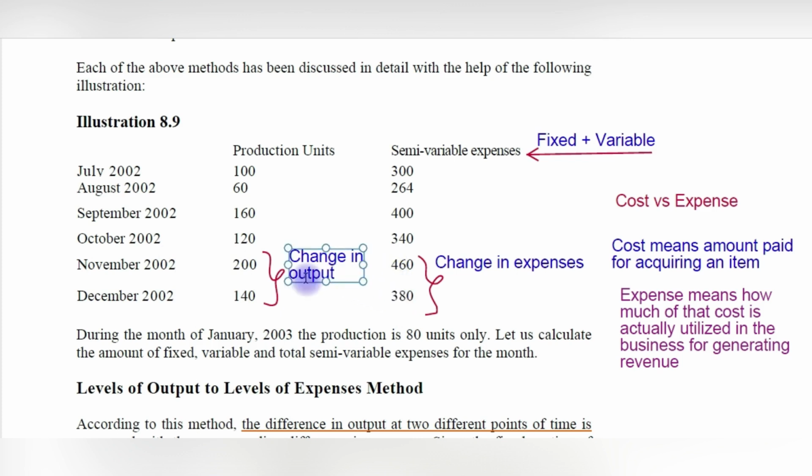This means that for a 60 unit reduction in the output, there is a reduction of 80 rupees in the expenses. Since fixed expenses will not change, the change is only due to the change in the variable expenses. That is the concept of this method.